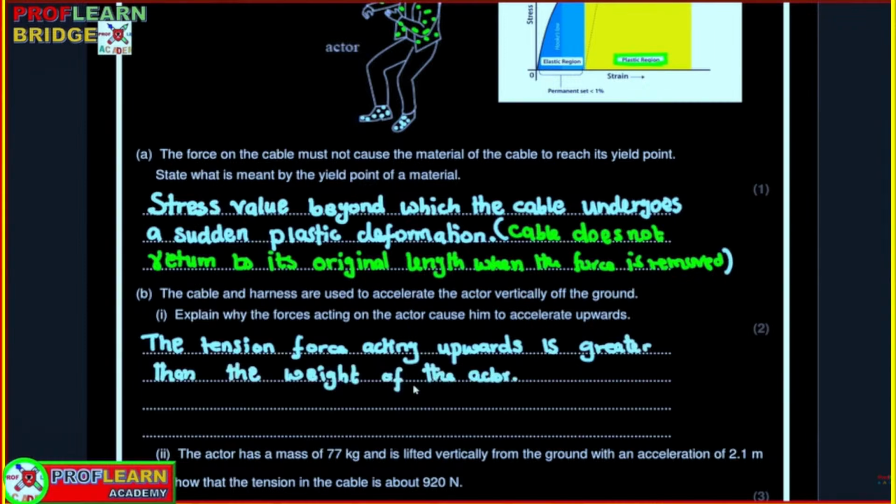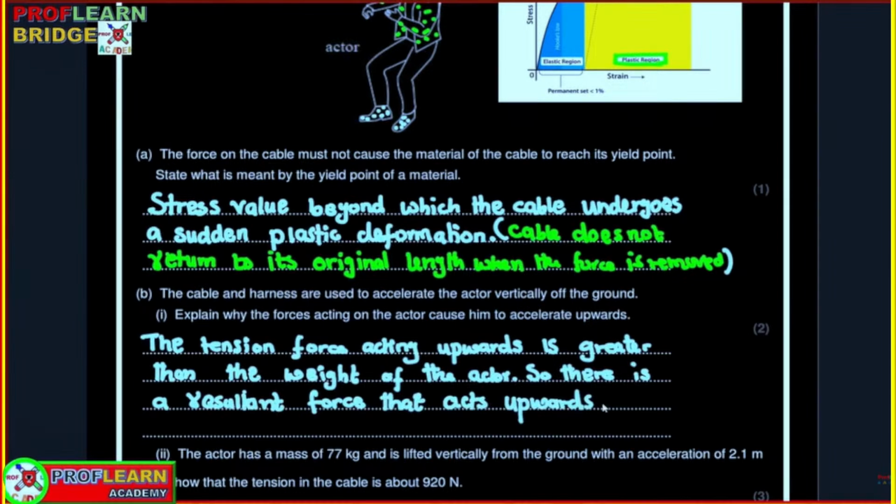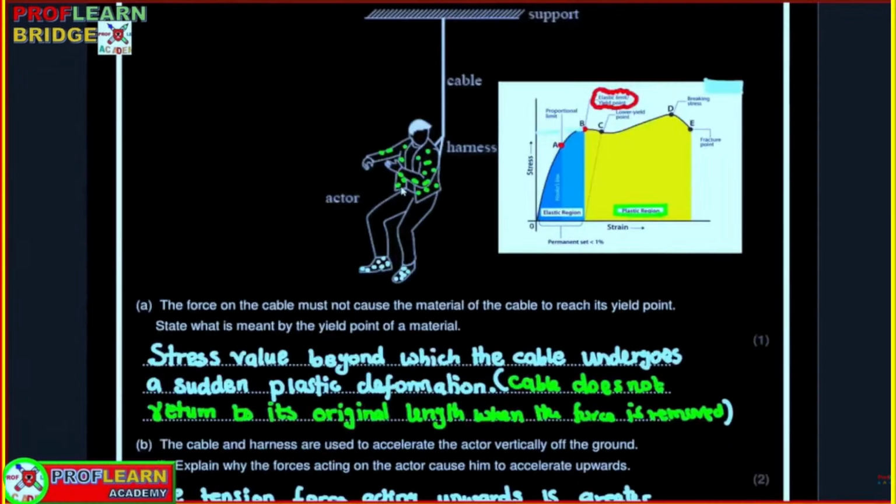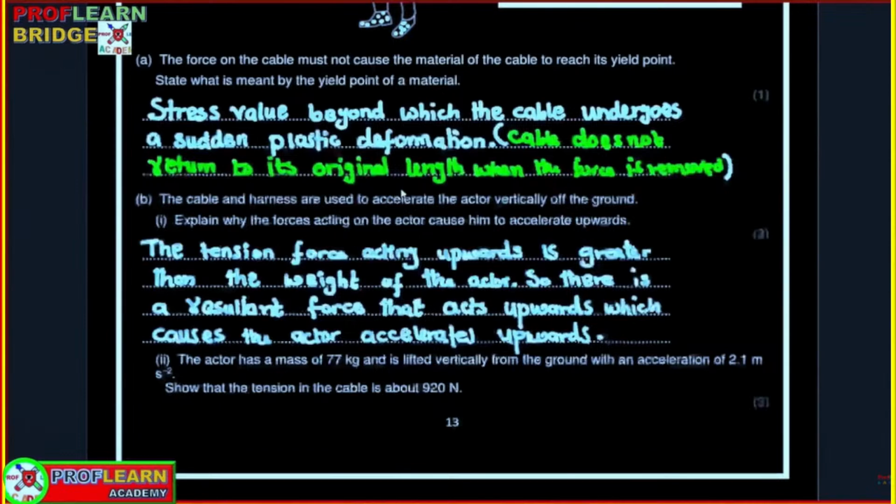Since the tension is greater than the weight, there is a resultant force, and this resultant force is going to be acting upward, which will make the person accelerate upward. An object will only accelerate if there is a resultant force, and it will accelerate towards where the resultant force is acting.